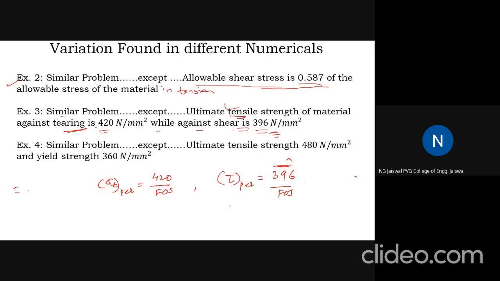Number 4, similar problem, except ultimate tensile strength is given 480 and yield strength is also given 360. See, SUT is also given, SYT is also given. If these two are given, SUT is meaningless for us, because all materials are ductile materials in the knuckle joint.